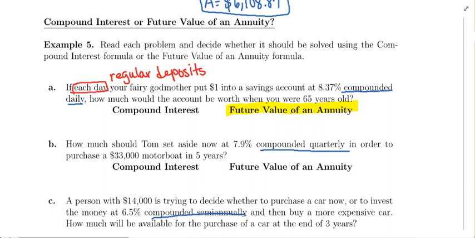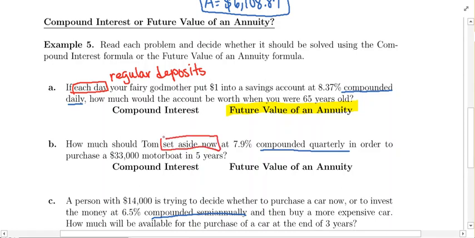He wants to save the money in 5 years. And the way you read this, how much should Tom set aside now? The way it's implied is that Tom is setting aside this lump sum of money and he's going to let it grow over a 5-year period and earn interest. And he hopes to come back in 5 years and have $33,000 accumulated.